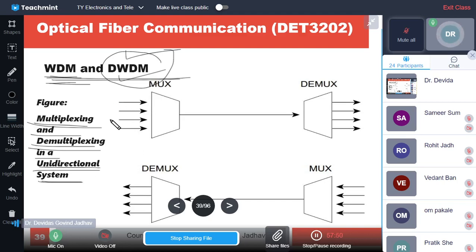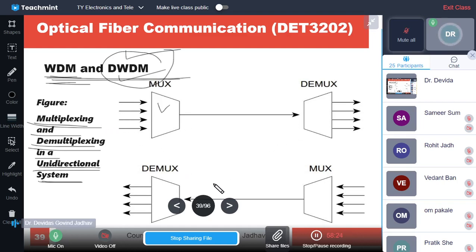So these are the signal inputs. Okay, they are multiplexed together using a multiplexer, and they are carried by the main fiber to the receiver, and there is a demultiplexer which separates out these signals and connects to the individual subscriber, the individual fiber of the channel, and then they are communicated to the respective destination, and this is unidirectional.